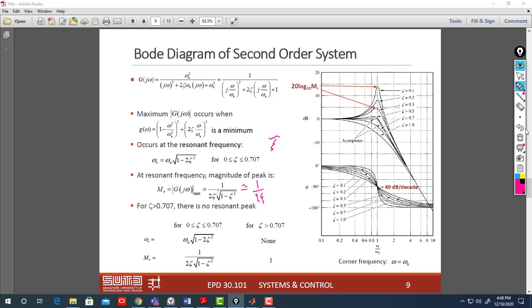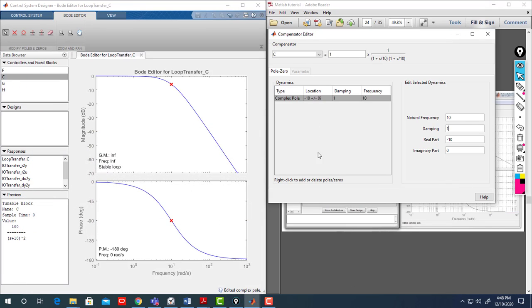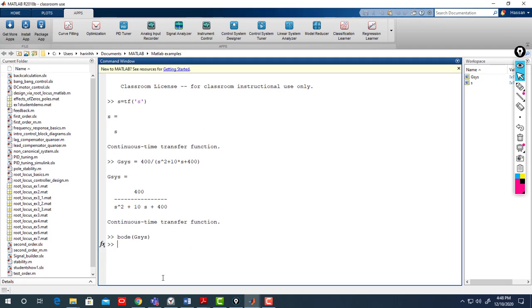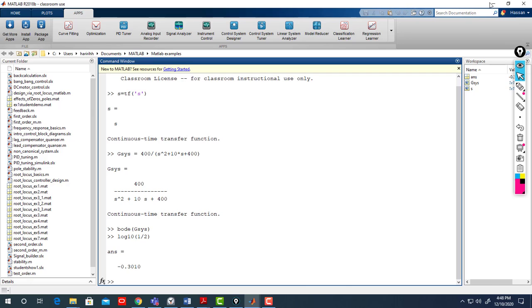Knowing that the peak equals 1 over 2 zeta is very important. Why? Because in this case zeta equals 1, so 1 over 2 zeta is 1 over 2. Then log 10 of 1 over 2 is minus 0.3.